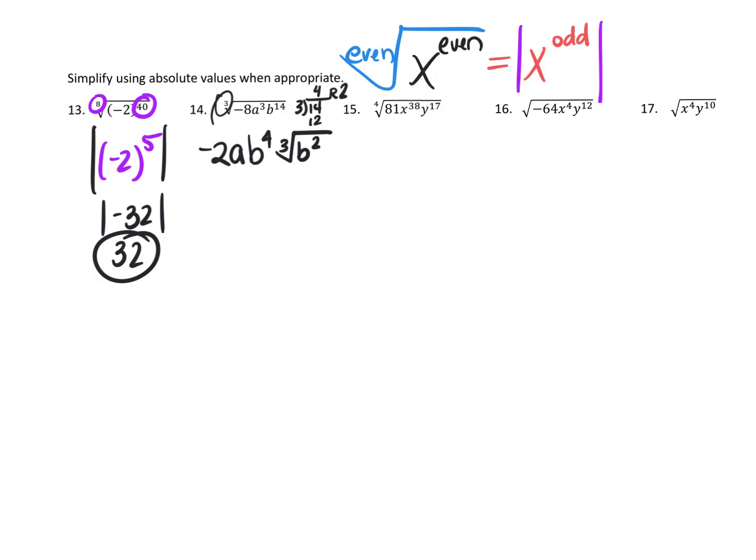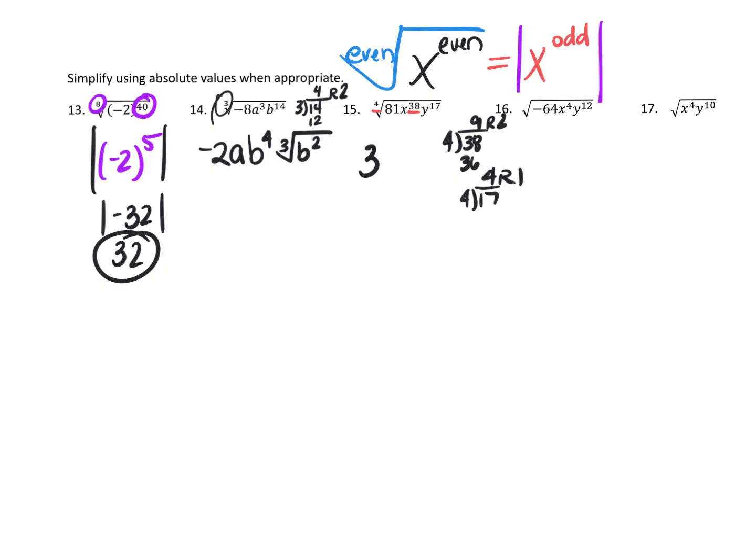Number 15. Number 15 is even. I might have to look at absolute value on the x, because it's even. So the 4th root of 81 is 3. 4 goes into 38 9 times with a remainder of 2. 4 goes into 17 4 times, remainder 1.